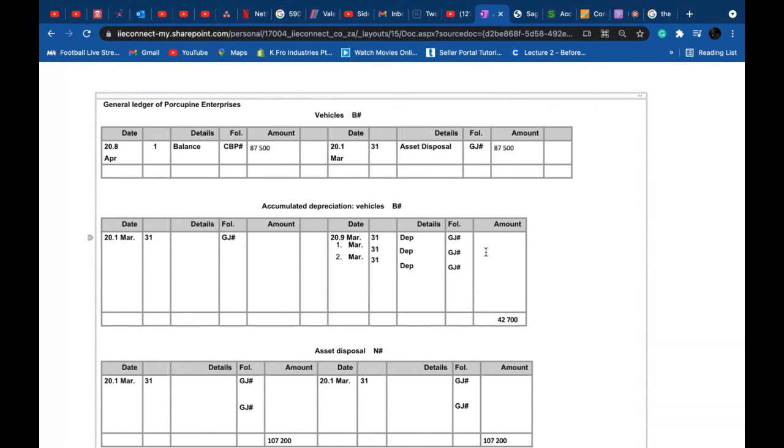This is a negative asset, because it's increasing on the credit side. So if you look at your table, the first accumulated depreciation that we had was 17,500. Then the second one was 31,500. And the third one, forgive me, it's not going to be so neat, was the 42.